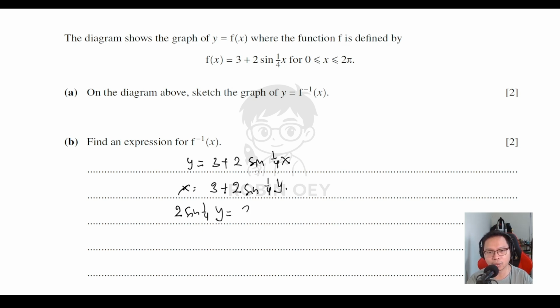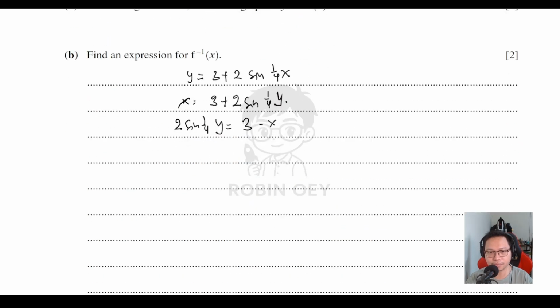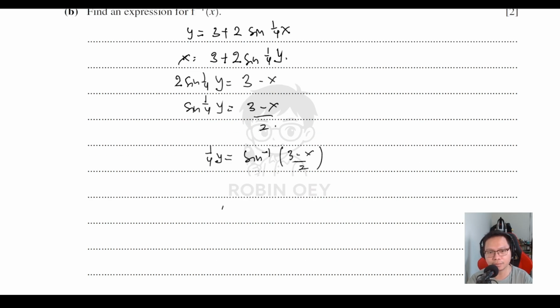That equals 3 minus x, and sine quarter y is 3 minus x divided by 2. Quarter y would be inverse sine of 3 minus x over 2. And finally, y equals 4 inverse sine of 3 minus x over 2. So that is the answer for B.